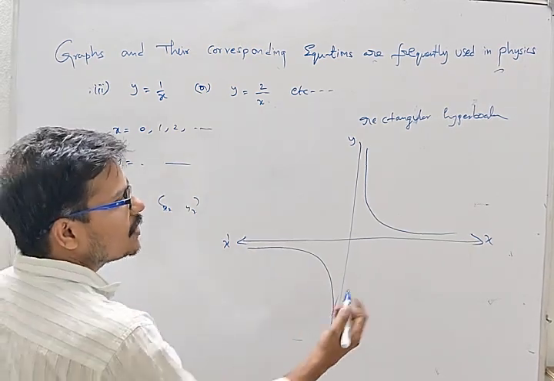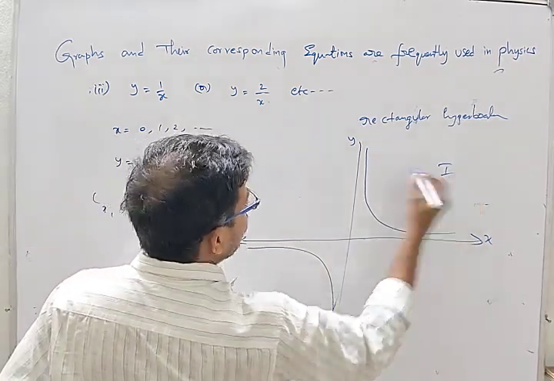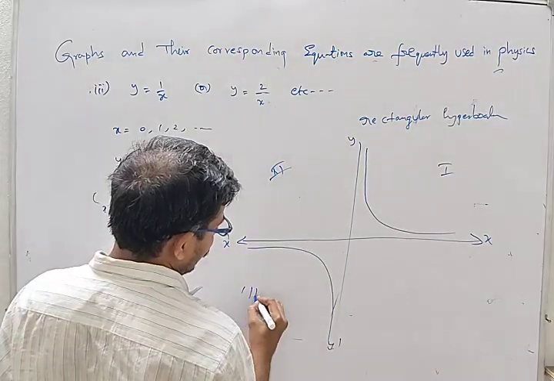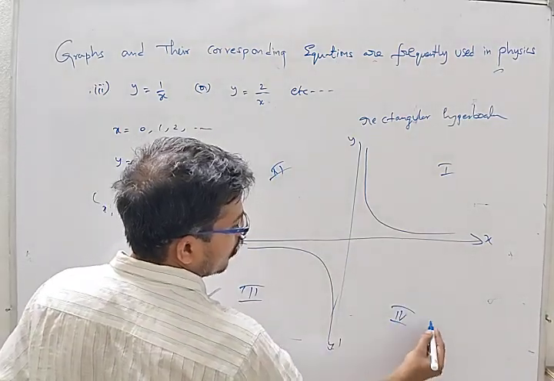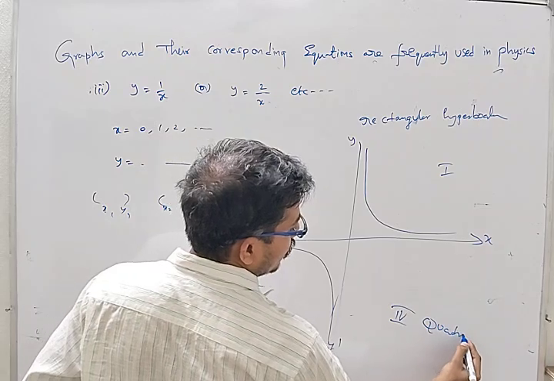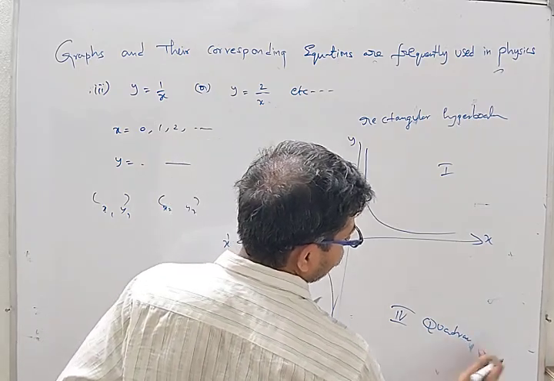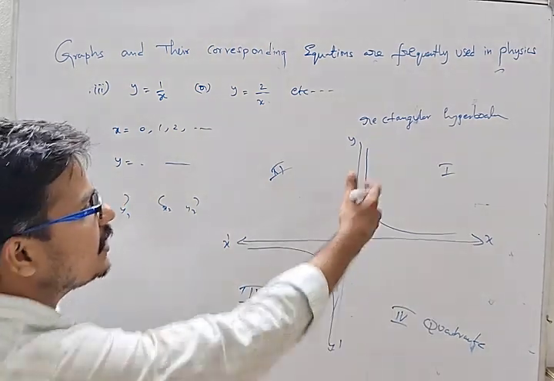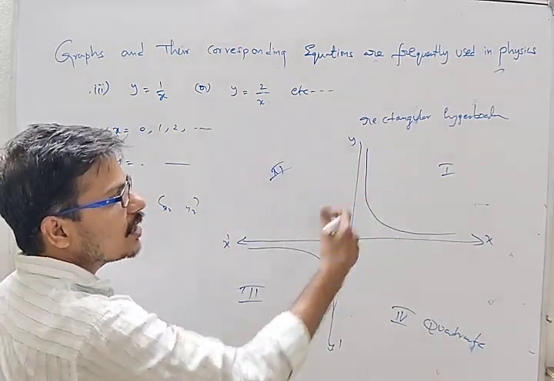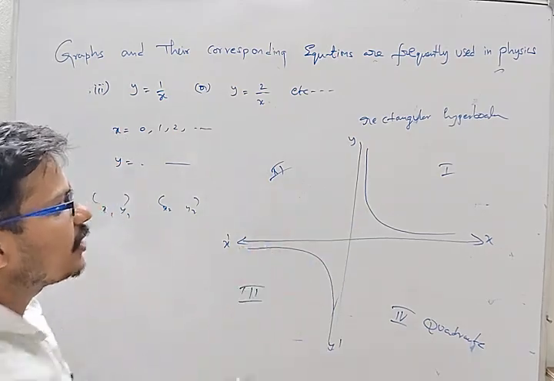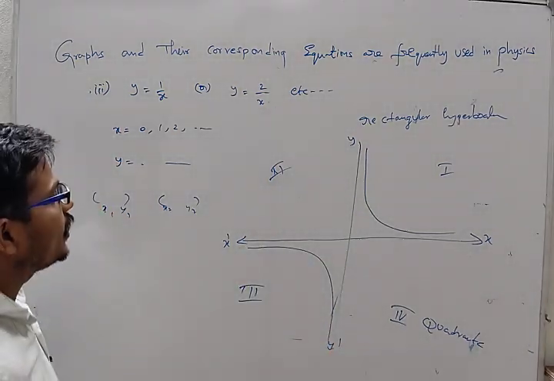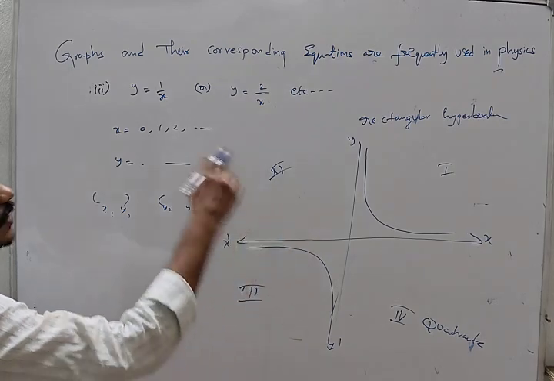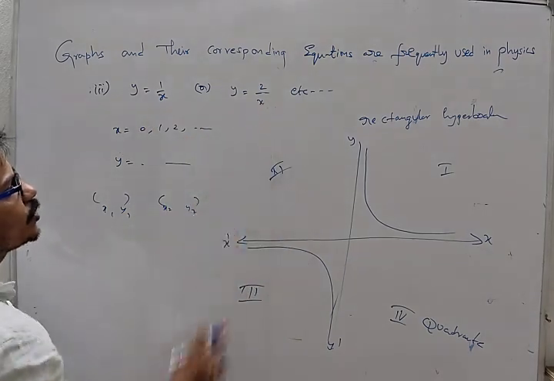One quadrant means this is the first quadrant, second quadrant, third quadrant, fourth quadrant. Quadrant means we divided this part into 4 parts, each one a quadrant. So we can get graphs for y equals 1 by x, y equals 2 by x.